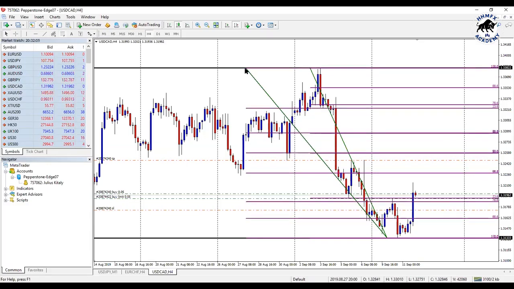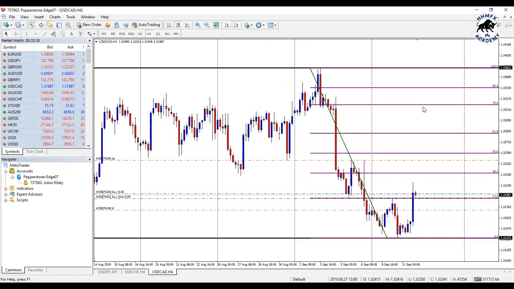where there is a strong support or strong resistance. Now, how do you know the strong support or resistance using these levels? Remember, all these levels, the previous levels, represent support or resistance.